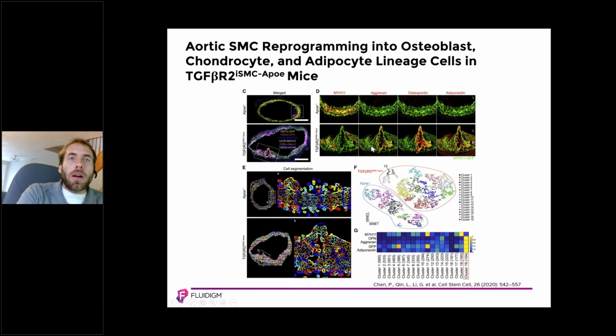What markers are present in these nodules are markers like aggrecan, osteopontin, and adiponectin. The authors found that these markers are actually characteristic of a mesenchymal stem cell type lineage. When they did their cell segmentation and looked at the single cells and did their dimensional reduction, they found that this population here, 19, which was only found in the knockout mice, expressed OPN, aggrecan, GFP, and adiponectin.